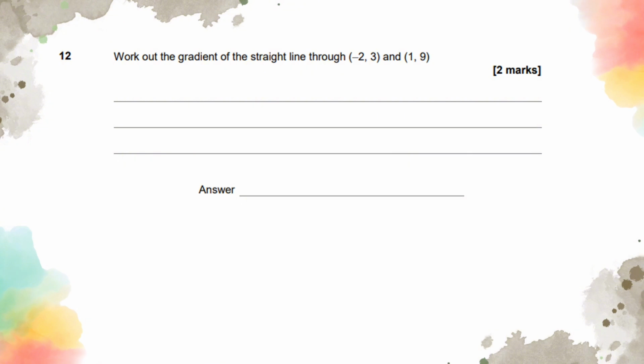Right, question 12. Work out the gradient of the straight line through -2, 3 and 1, 9. And this is going to be a 2-mark question. Okay, so to find out the gradient, let's just write it down. Gradient. We need to remember the formula for gradient, that it's going to be change in y divided by change in x.